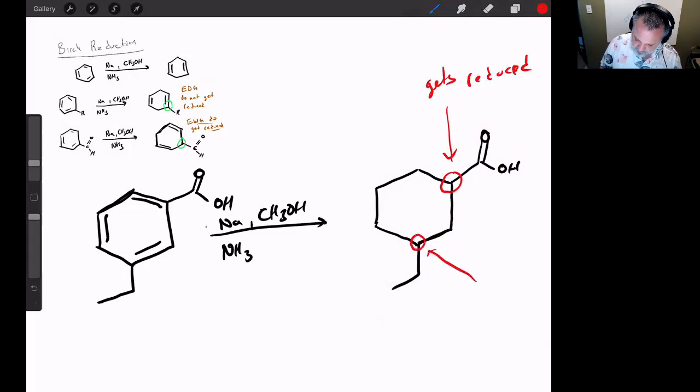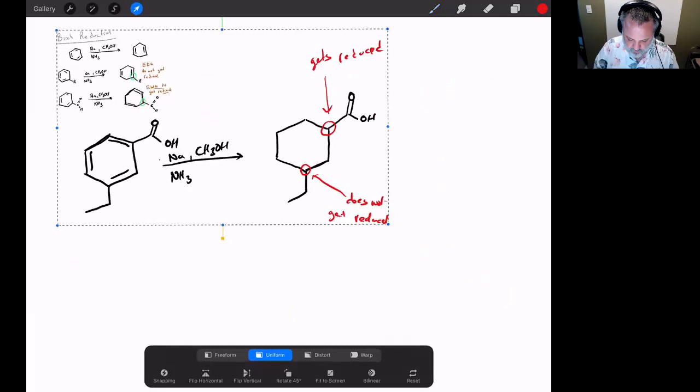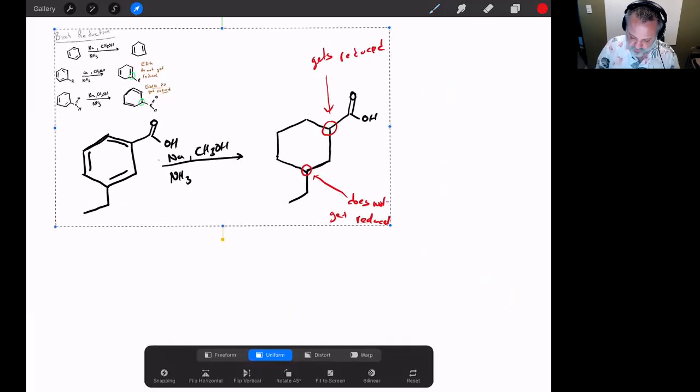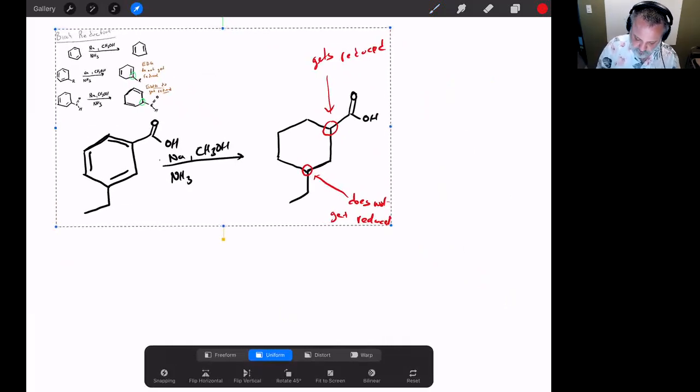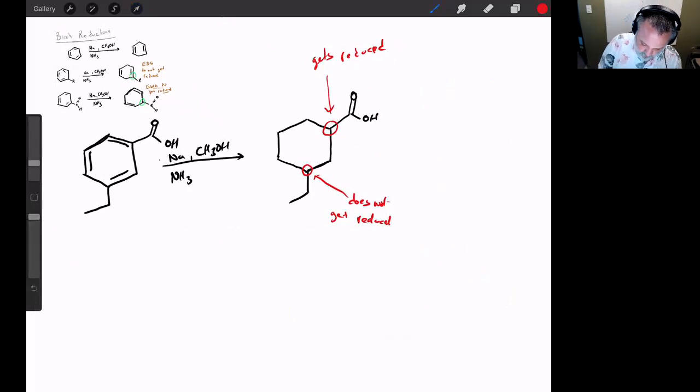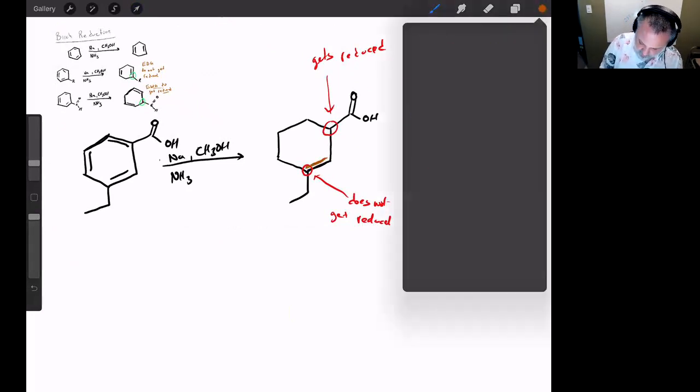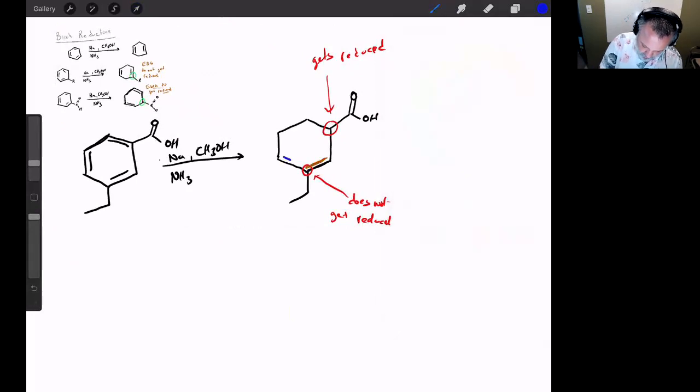This carbon does not get reduced. So that leads me then to a couple of possibilities. If this carbon does not get reduced, then that means the double bond can be there. I'm going to change it up to brown. It can be there, or it can be here. Because in either of those situations, that carbon would not be reduced.